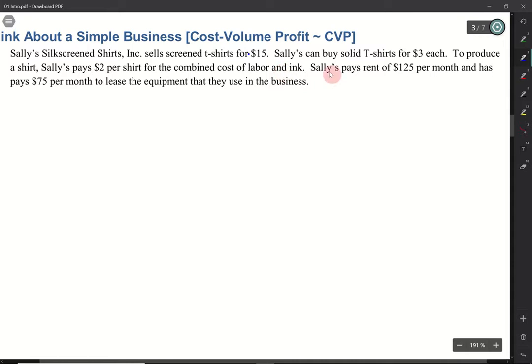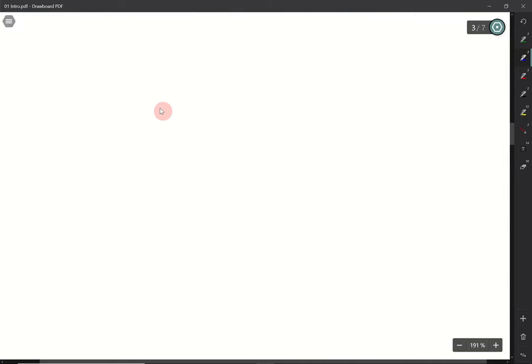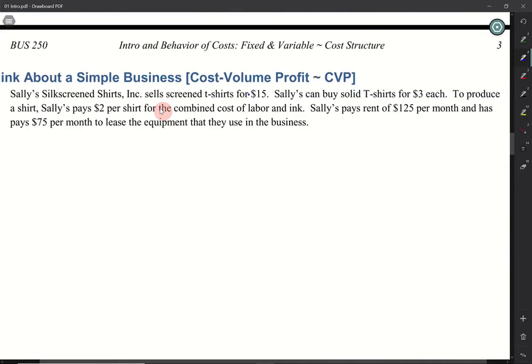Sally's pays rent of $125 per month and pays $75 per month to lease equipment that they use in the business. It should say, what is Sally's break-even point?